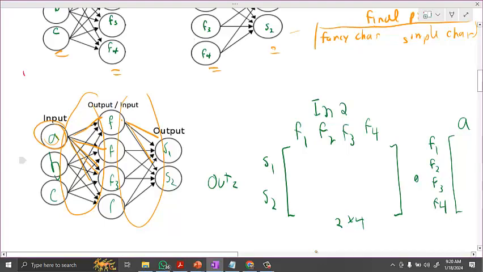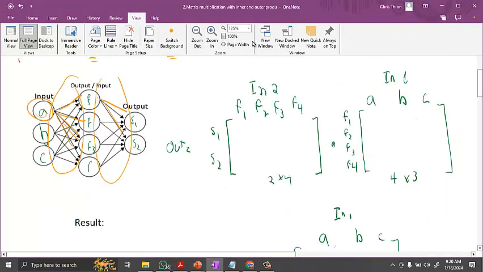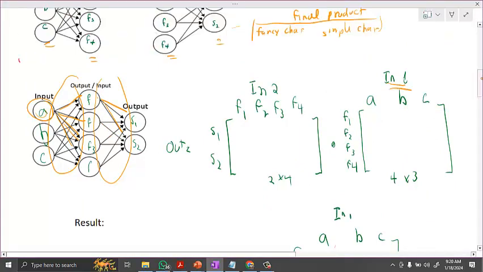So in this particular case, if I start with the original input, let me zoom out a little bit. All right, now the way I wrote this is here I have input 1. Input 1 is the input on the left here.